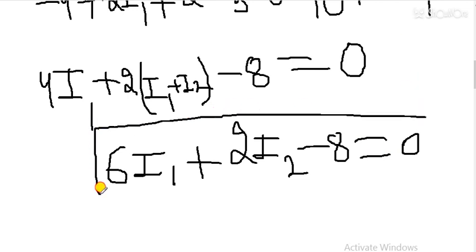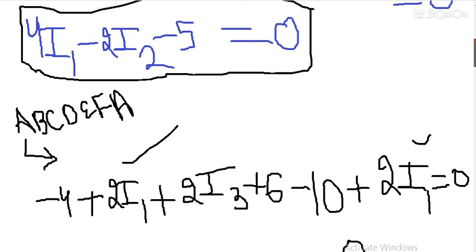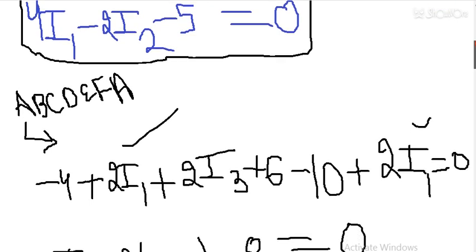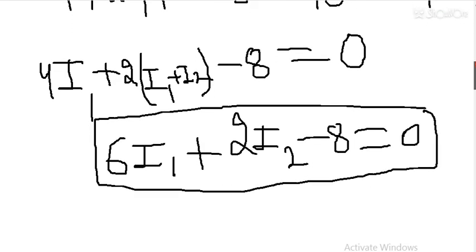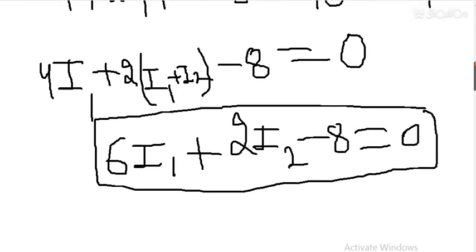Can I solve it further? Let me check. So I got two equations. One is this one, 4I1 minus 2I2 minus 5 equal to 0. So simply add them. I2 will cancel out.